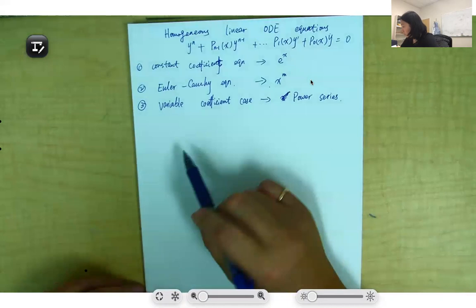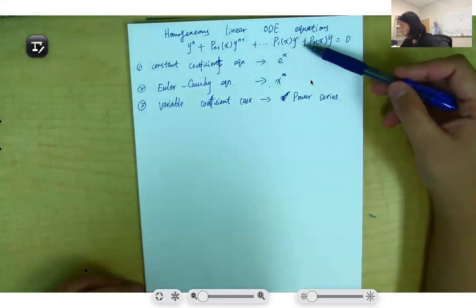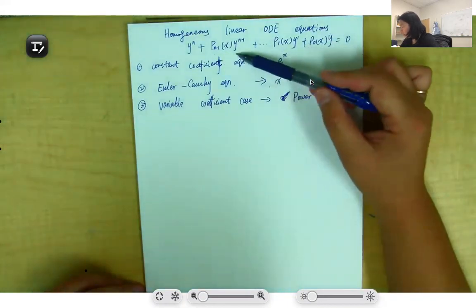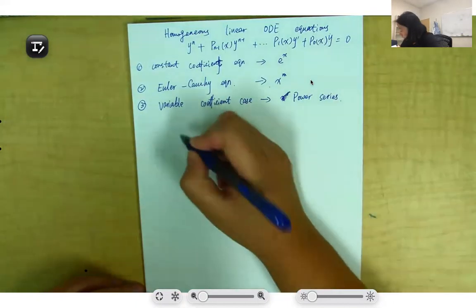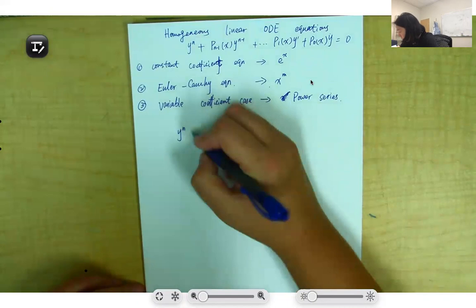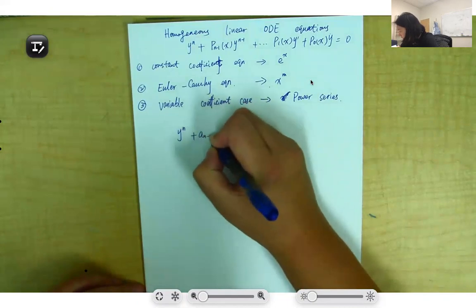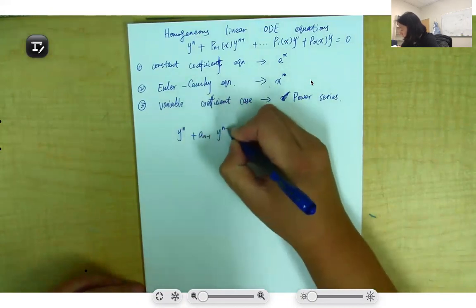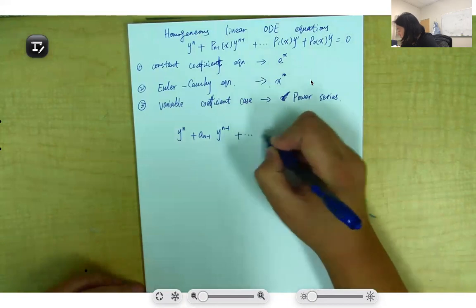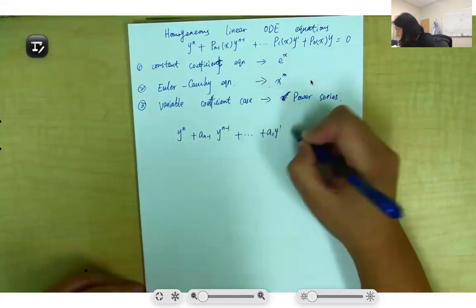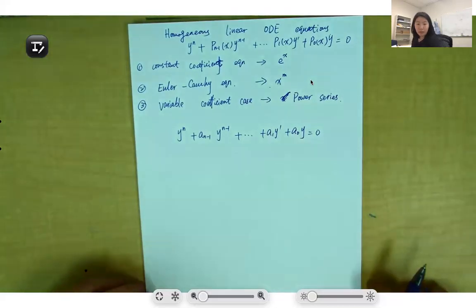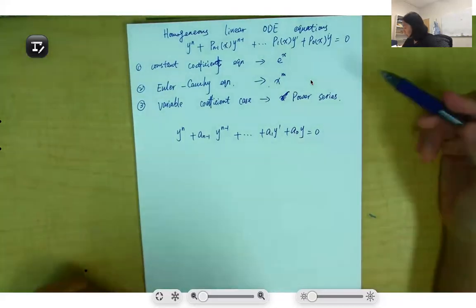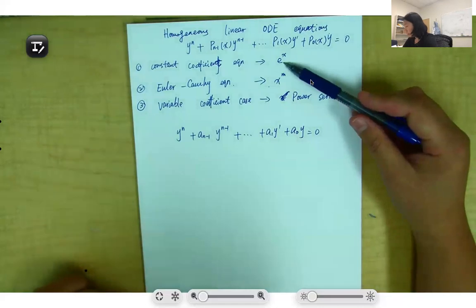So for these homogeneous equations, for example, if the coefficients are all constant, we can rewrite this as y^(n) plus a_{n-1} y^(n-1) plus dot dot dot plus a1 y' plus a0 y equals 0. And you know that the solution form will look like an exponential, right?